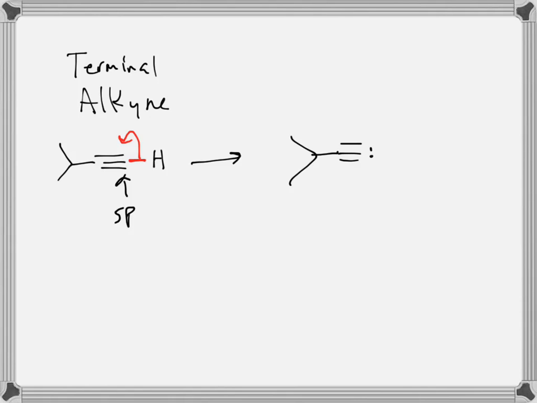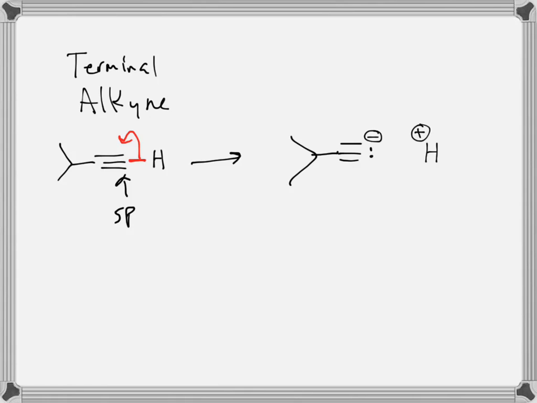We end up with a lone pair, hydrogen floating off on its own. And to finalize with all your structures, what do you need to do? Look for our charges to have a negative and a positive.